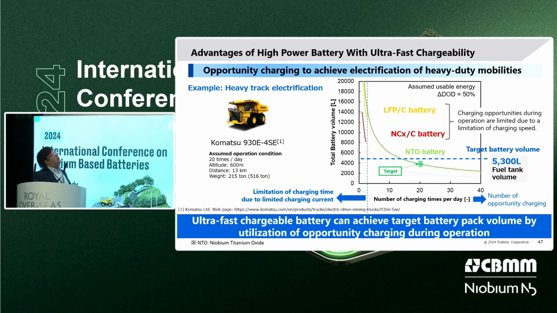So it is necessary to install a lot of battery packs to enhance the driving range per single charge. So the required total battery volume would be doubled compared to the target volume. Contrary, the ultra-fast chargeability battery, like NTO battery, can achieve target battery pack volume by utilization of the opportunity charging during the operation.